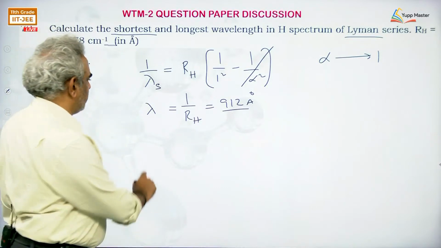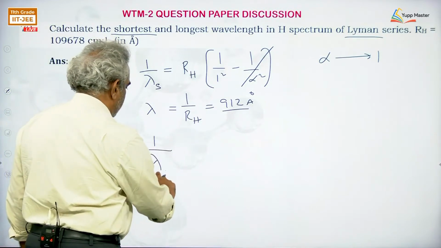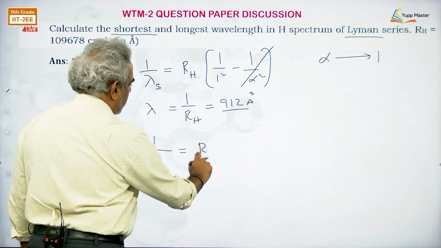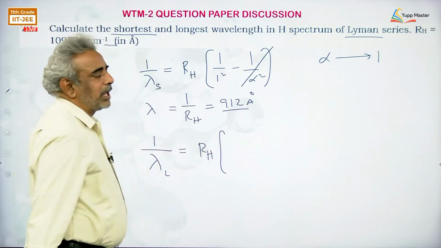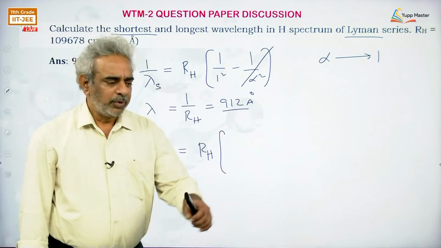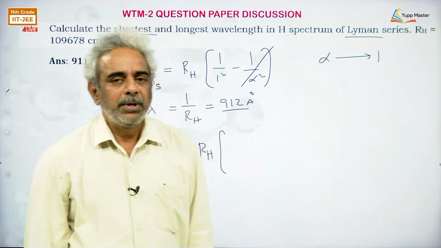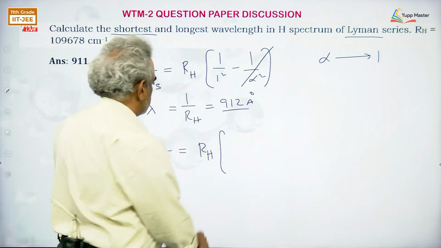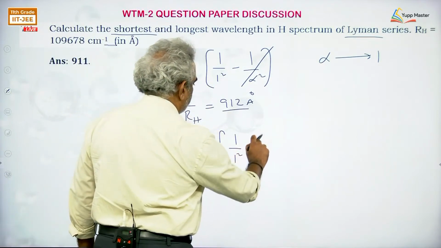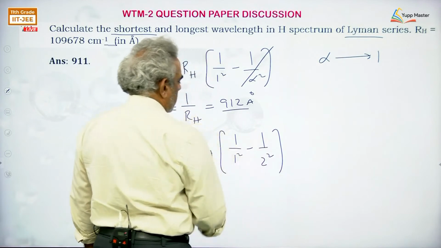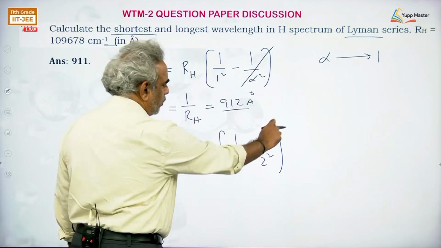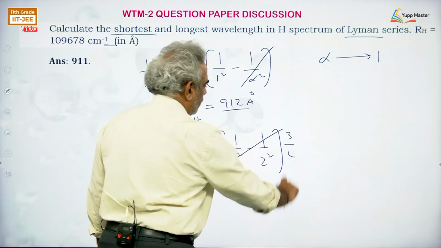What is the longest wavelength? 1 by lambda L we will call it, RH into... what is the transition for the longest wavelength? The electron should jump from the immediate next orbit to the first orbit, meaning 2 to 1. So, 1 by 1² minus 1 by 2², and 1 minus 1 by 4 gives me 3 by 4.